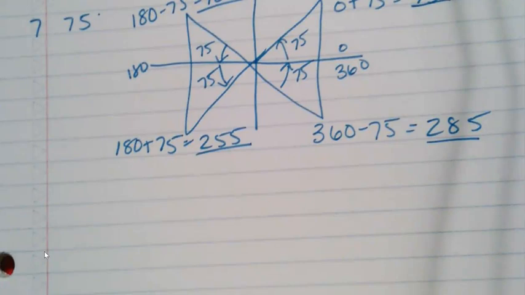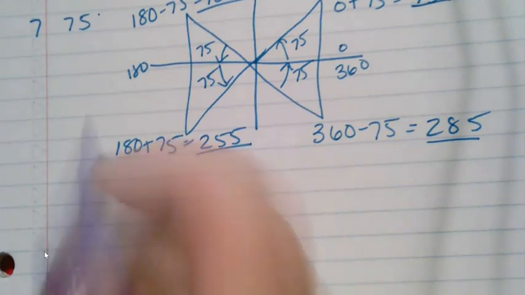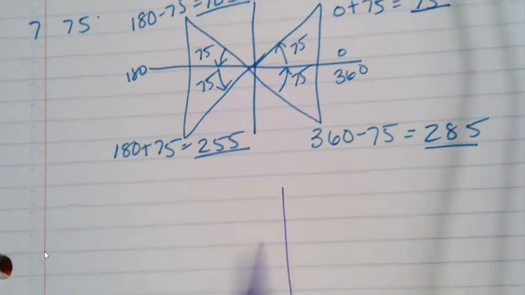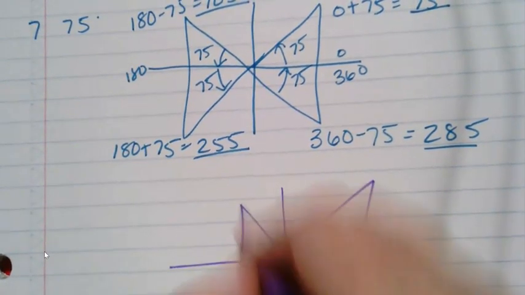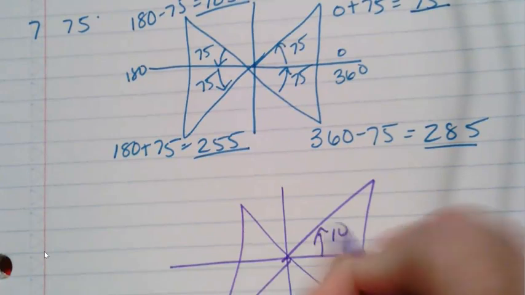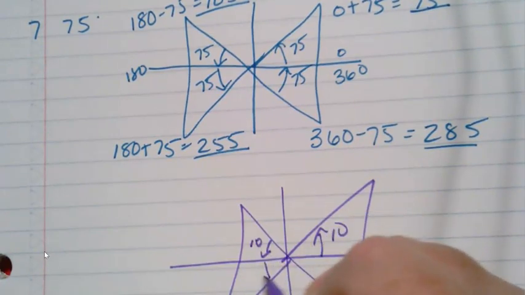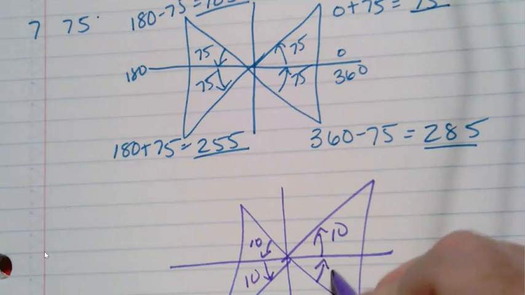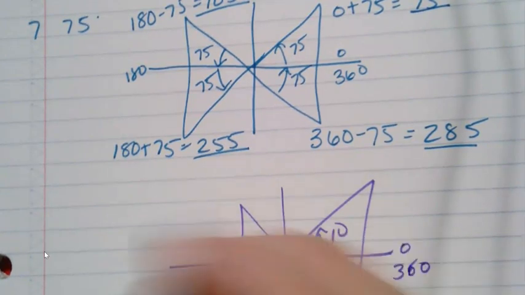Okay, let's see if I can squeeze in another one. 10 degrees. So next one. 10, 10, 10, 10. 0, 360. That's a 6. And 180.